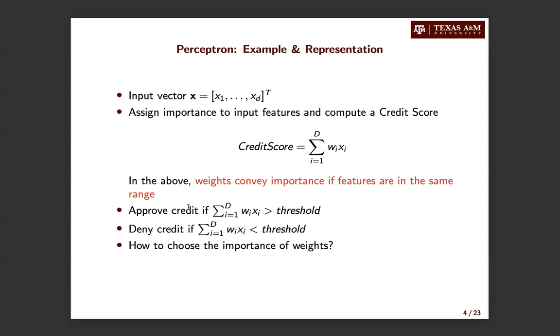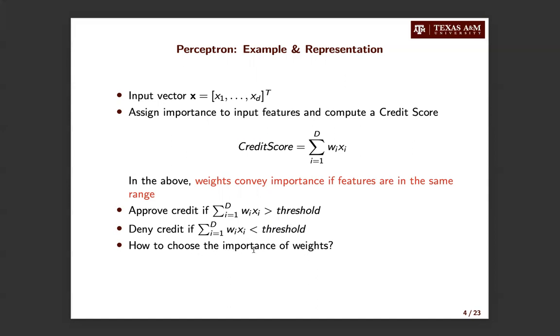If our features belong to the same range, the weights convey the importance of each of these features. So intuitively, we would approve one's credit if the linear combination of our features multiplied by a certain weight is greater than a threshold, and we would deny one's credit if the opposite condition holds.